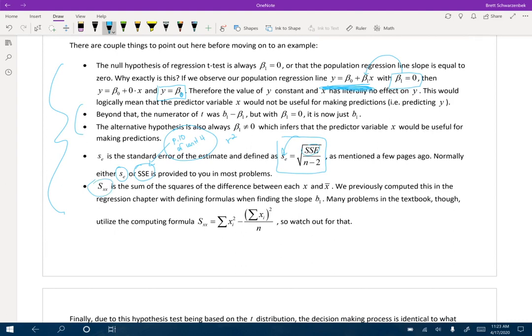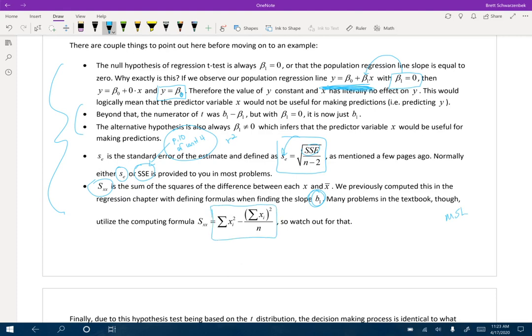We have computed this before as well, when we needed to find the slope b1. You can go back and do that again if you like, but there are problems in the textbook, and in my stat lab, that use a computing formula to do so.